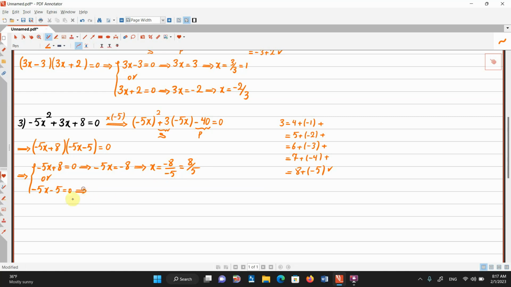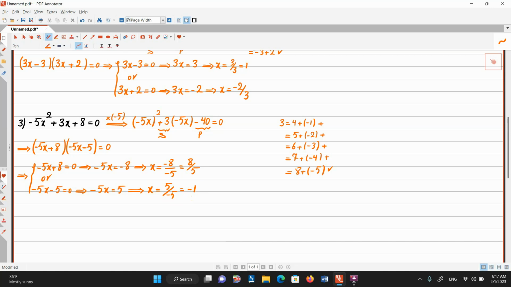And I'm going to do the second linear equation. Negative 5x will be equal to 5. Dividing both sides by negative 5 will result in x equals 5 over negative 5, and the simplified form of this fraction is negative 1. These are the solutions.